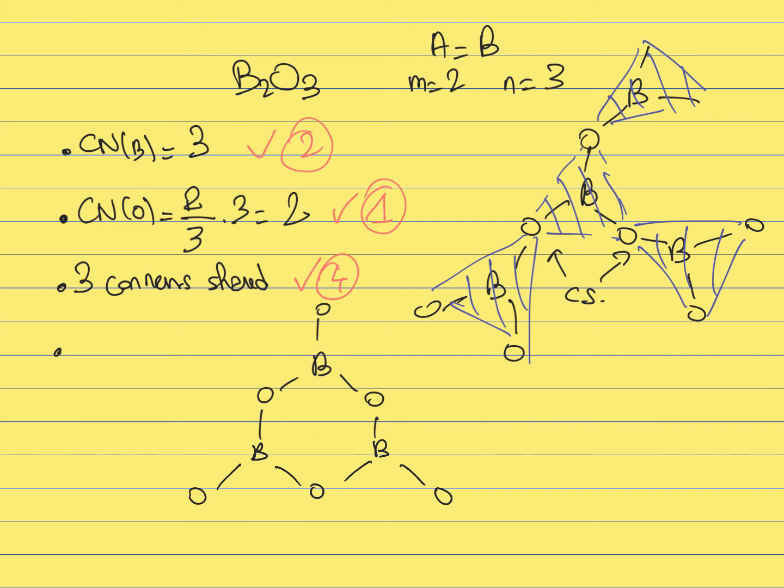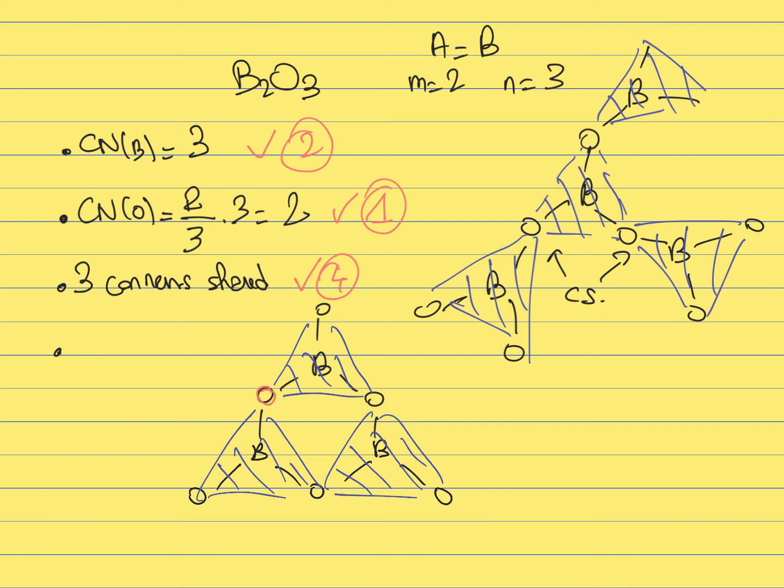So here you can have this type of structure that is called a boroxyl ring, where each of the triangular structures formed by the boron atom is forming this triforce structure, where those polyhedra only share 1 corner at a time.